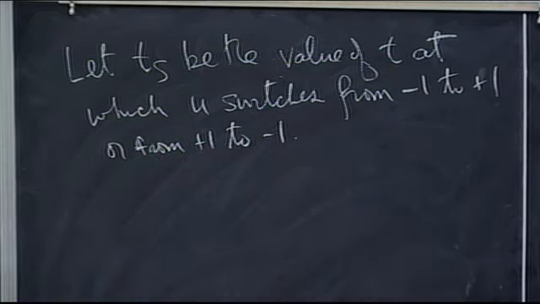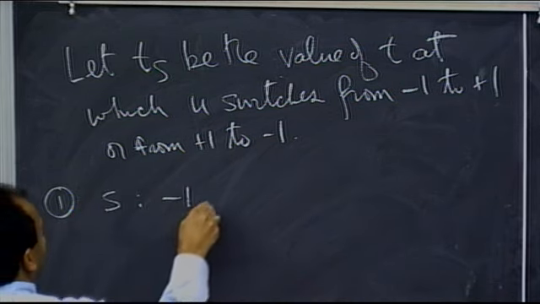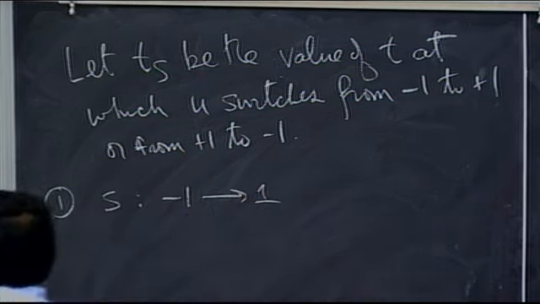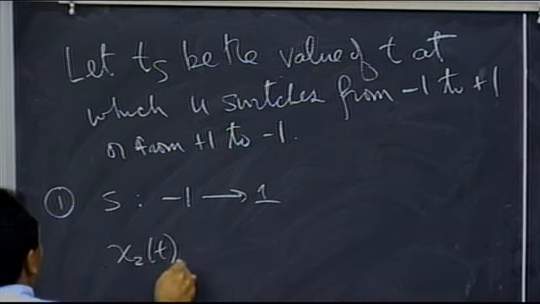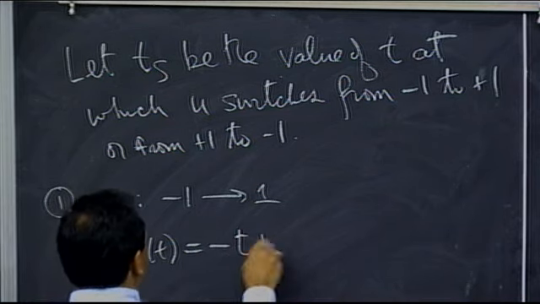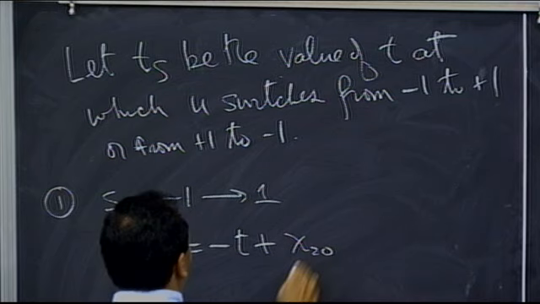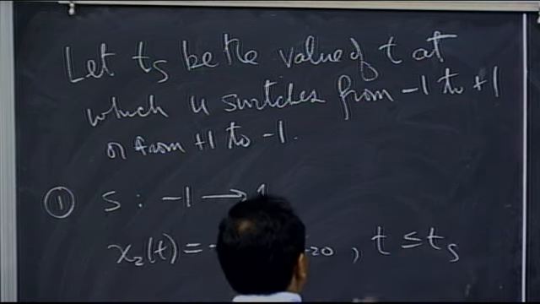So let's take the first case where s goes from -1 to +1. In that case, x2 of t is going to equal minus t plus x20, and that's for t less than or equal to ts.